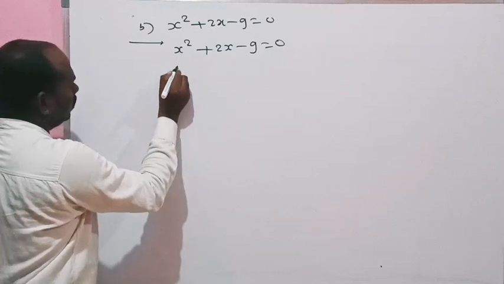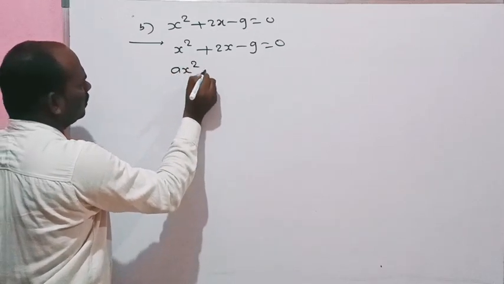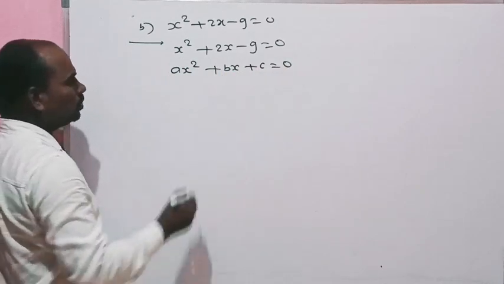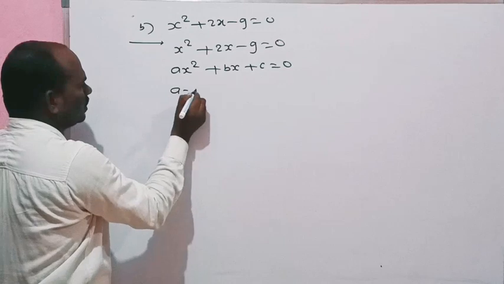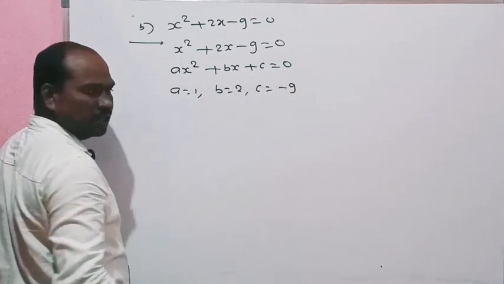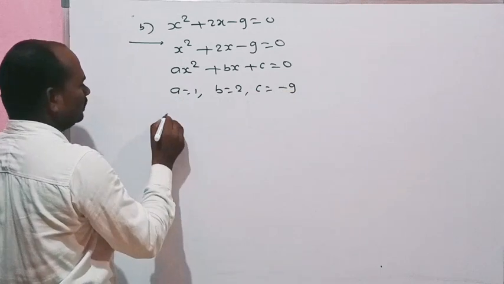Now we compare with ax square plus bx plus c equal to 0, so a equal to 1, b equal to 2 and c equal to minus 9.